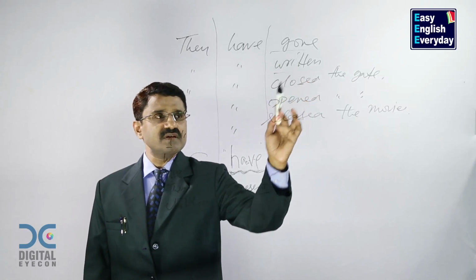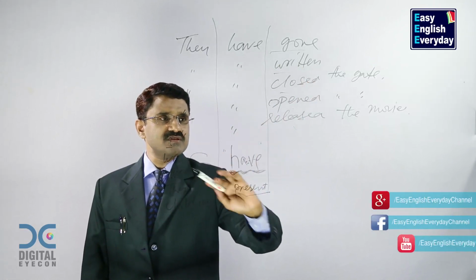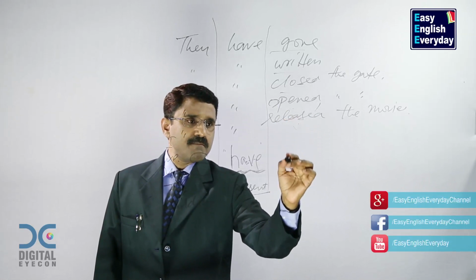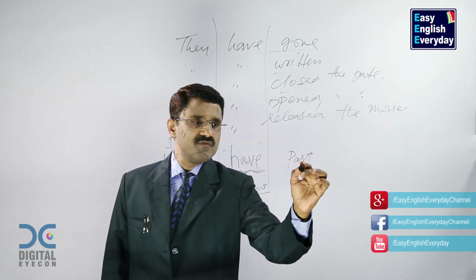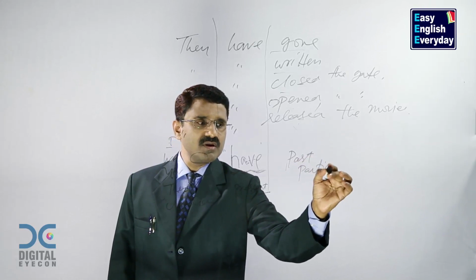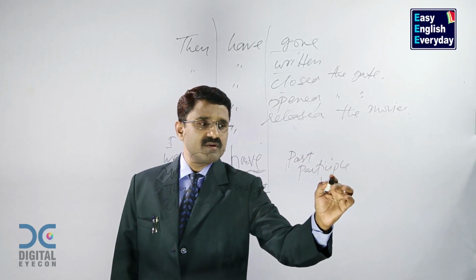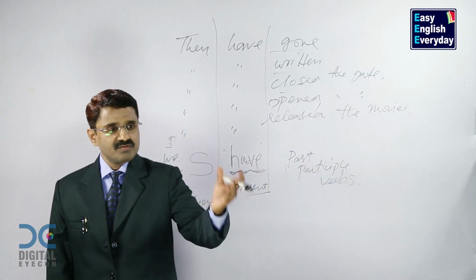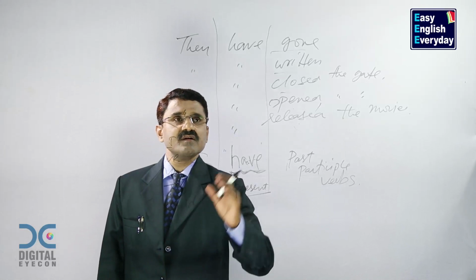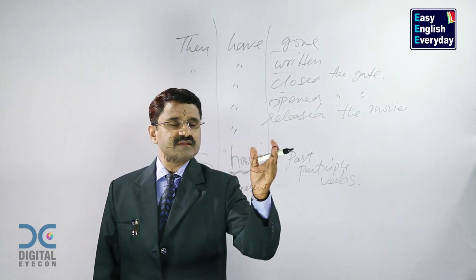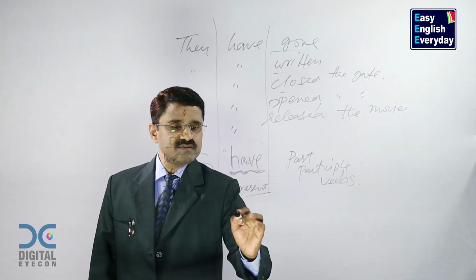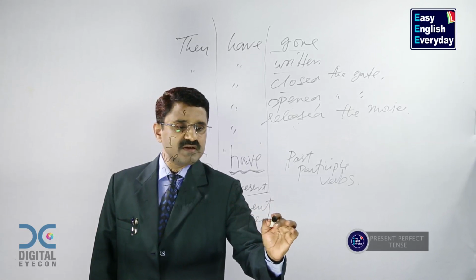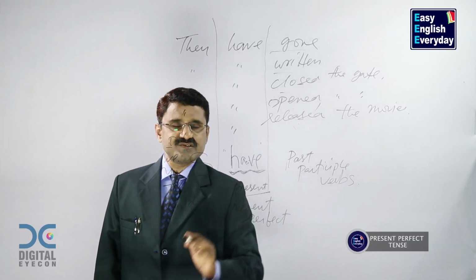Gone, written, closed, opened, released. These are called verbs, past participle verbs. And by the way, the traditional teachers call these sentences present perfect. It is called present perfect tense.